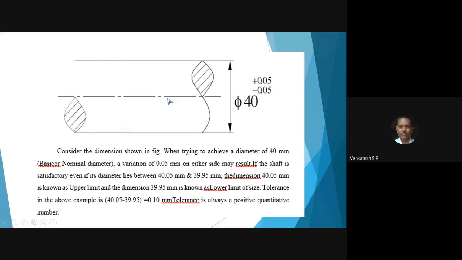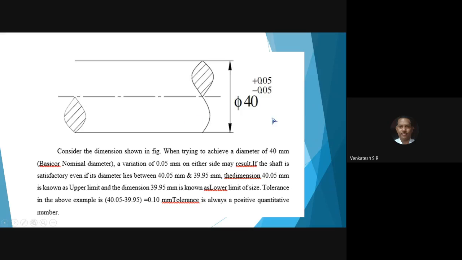In this example, the diametral difference 40.05 minus 39.95 equals 0.1. This is the tolerance. The difference between the upper limit and the lower limit is the tolerance.